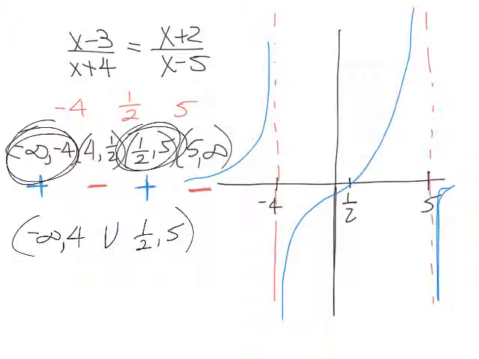One of the things I want you to remember is when this problem was given earlier, this sign right here was a greater than or equal to sign, which means that this is inclusive and this is inclusive because of the equal part of my greater than or equal to sign.